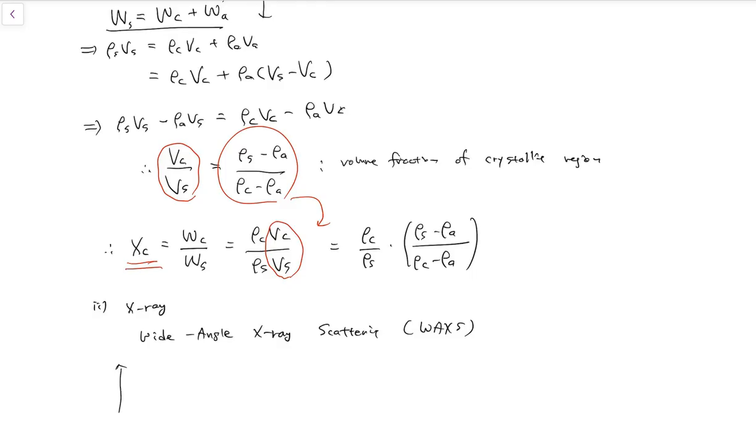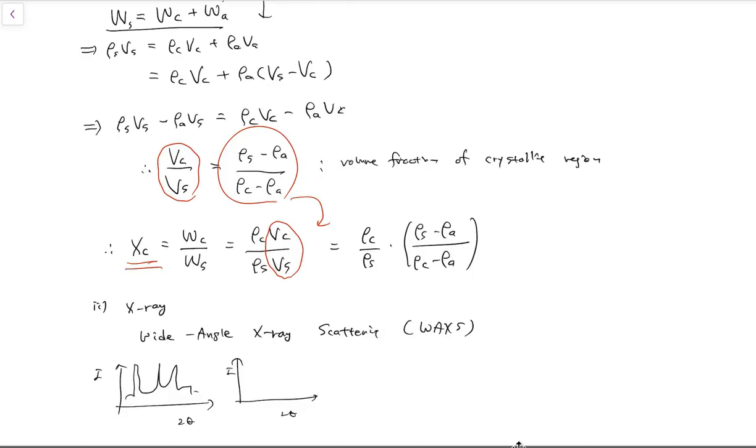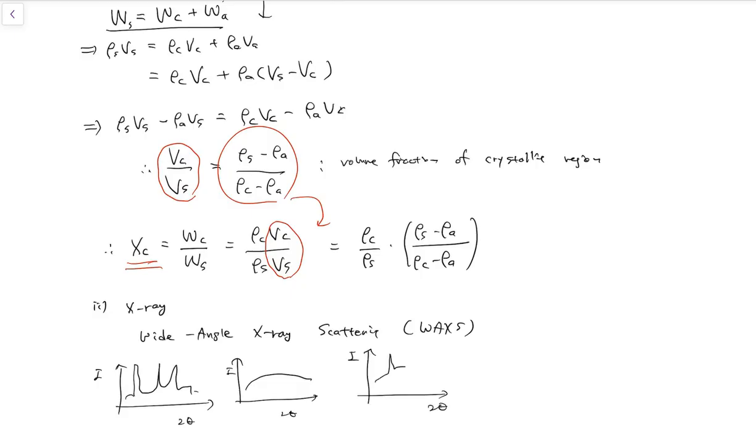Okay. So if the sample is totally crystalline, what you will get is this kind of peak, right? A sharp peak. If it's not crystalline, if it's amorphous, you'll basically get some background signal, right? In a real sample, you'll get both, right? Something like this, right?